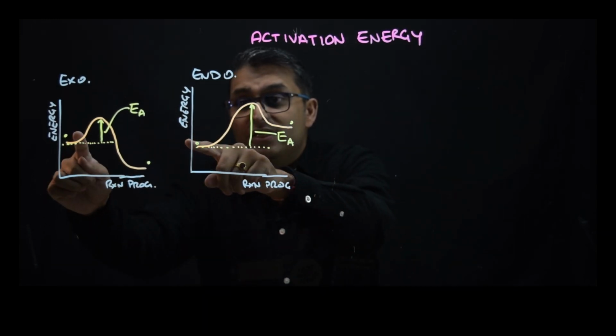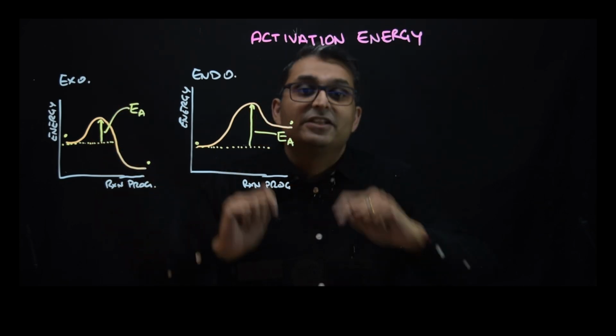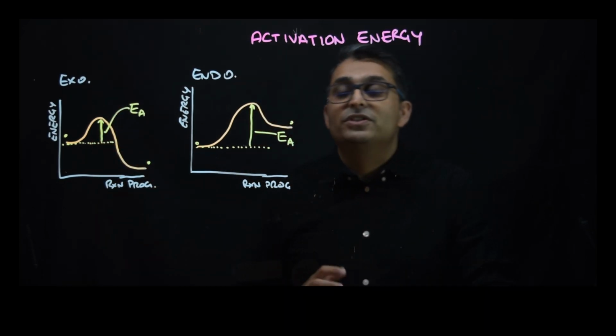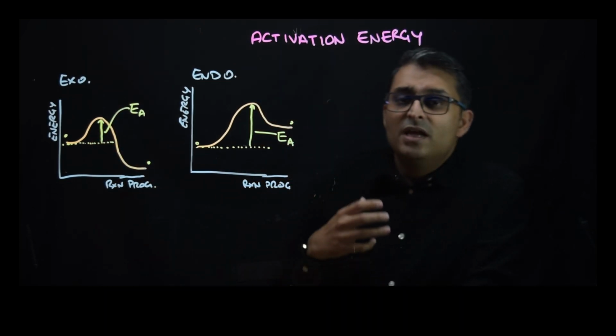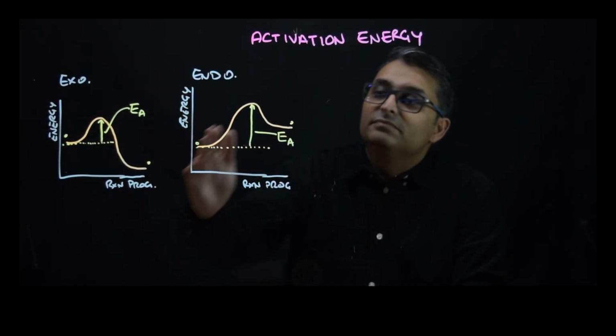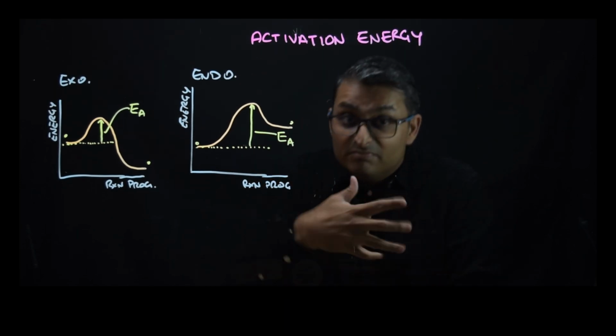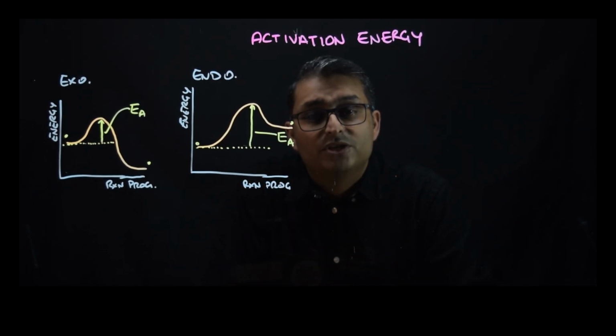We need a lot of energy here to get to the top, but once we get to the top, it's a nice ride downwards. And that's what this teaches us. To get to the end goal, we need that initial push, otherwise we will never make it to the intended outcome that we wish to have.